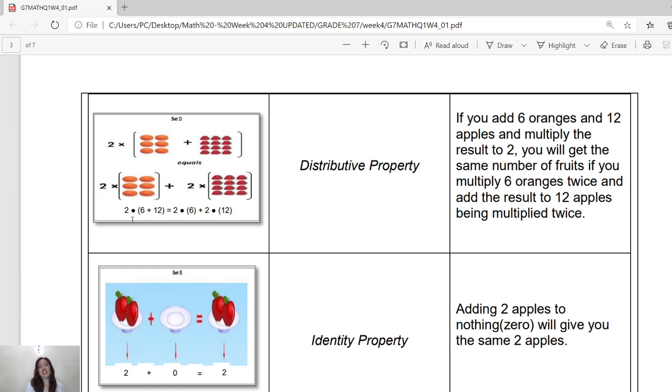So we have 2 times the quantity 6 oranges plus 12 apples. It's just the same when you multiply 2 times 6 oranges plus 2 times 12 apples. That is applying the distributive property.